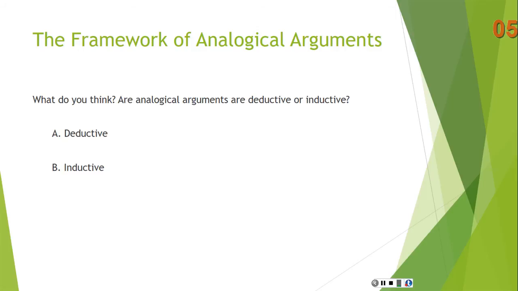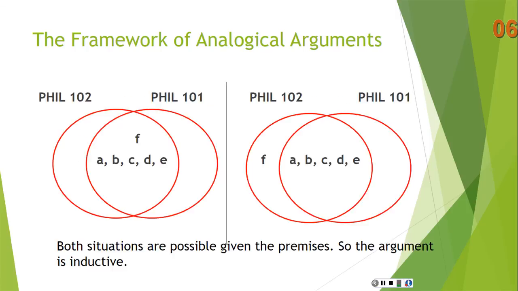What do you think? Are analogical arguments deductive or inductive? You can pause it if you need to, but I'll say the answer. They're inductive. How so? Take these two situations here, this one and this one. Both situations are possible given the premises of the sample argument that we looked at.